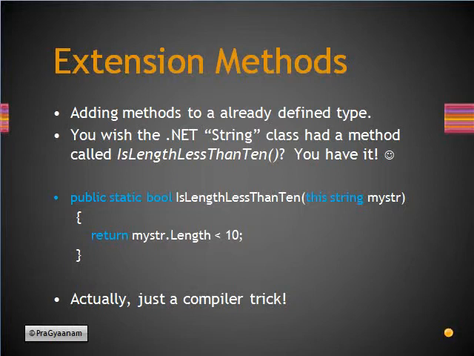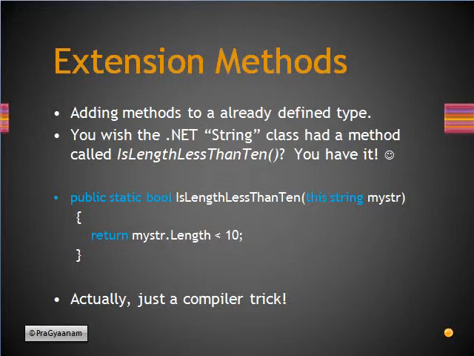Just to think of it, have you ever wanted the string class in .NET Framework to have a method called isLengthLessThan10, for example? Now you can have it. You just need to create a static method inside a static non-generic class, and the first parameter of that method has to be the type on which you want to add this extension method.